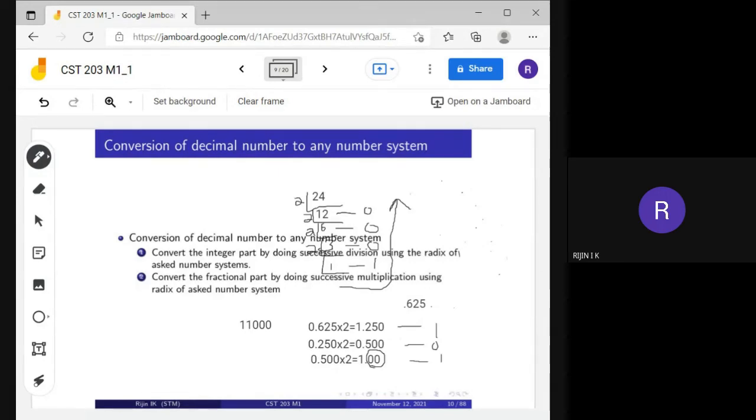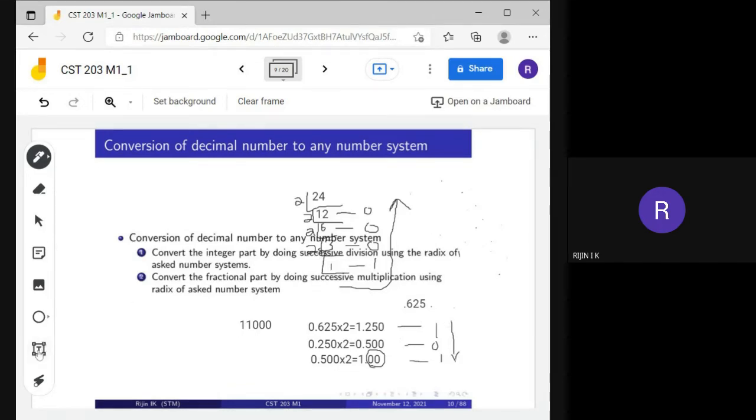Then after performing the successive multiplication, you have to take these integer parts from top to bottom.